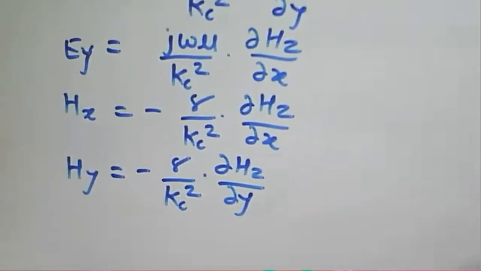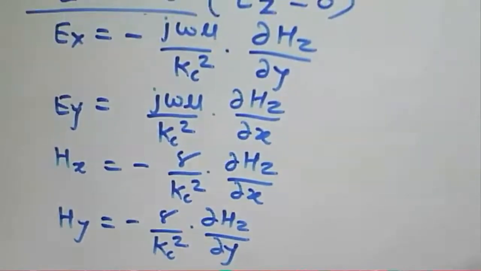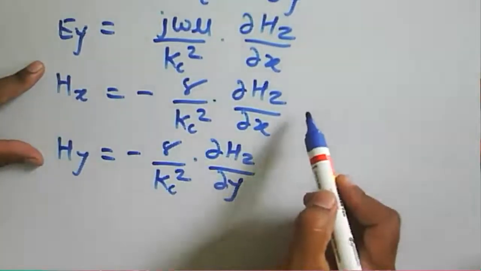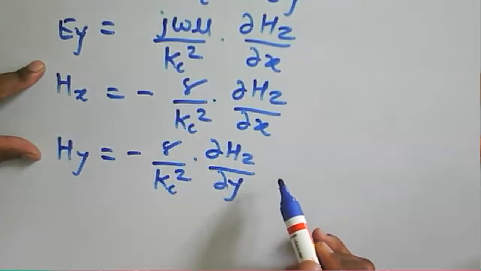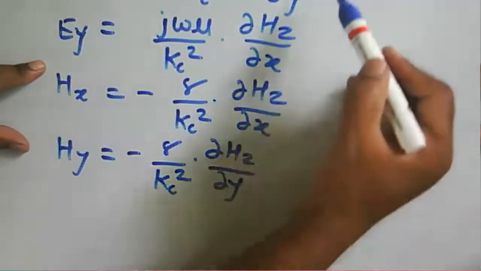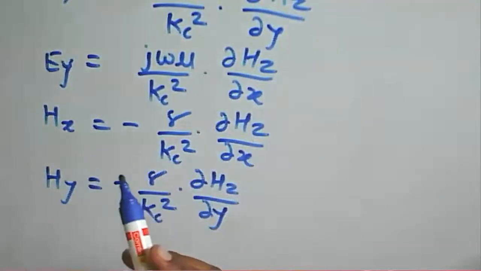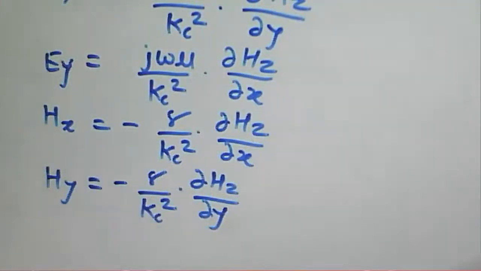Now these are the expressions of the electric field components Ex, Ey and magnetic field components Hx, Hy in terms of Hz. So our aim is to obtain the equation of Hz. What is the equation of Hz? From that equation of Hz we can obtain the wave equation.